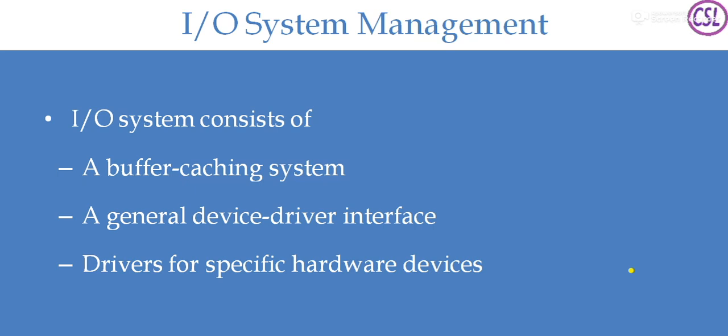At a minimum, we use a keyboard and mouse for input and a monitor for output. Now the operating system manages the buffer caching system. For example, taking the keyboard as an example, different users type on the keyboard at different speeds.